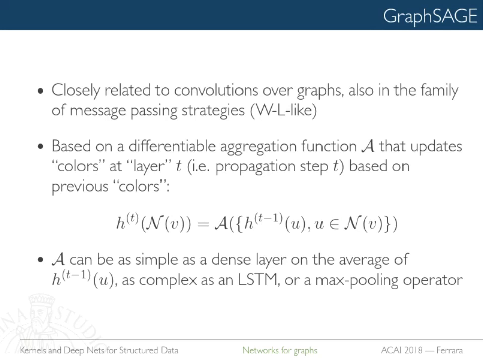So if you want to do max pooling versus average pooling, you have to explicitly make this choice in advance. So this choice will be a hyperparameter of your method that you have to fix in advance. But yeah, I understand that it would be even better if you could actually learn how to aggregate things.